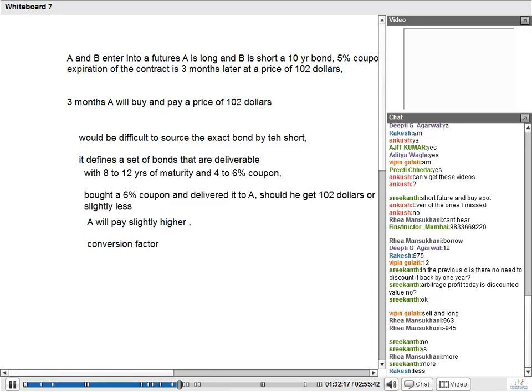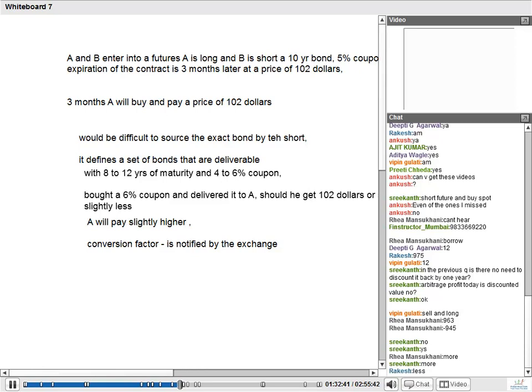Conversion factor is not in the hands of A or B. It is notified by the exchange, and the exchange says that all participants will debate on the price of a particular bond, which is a 10-year 5% bond for instance.